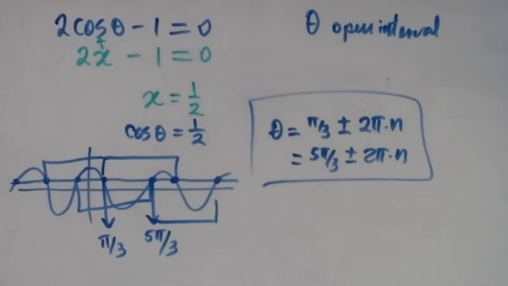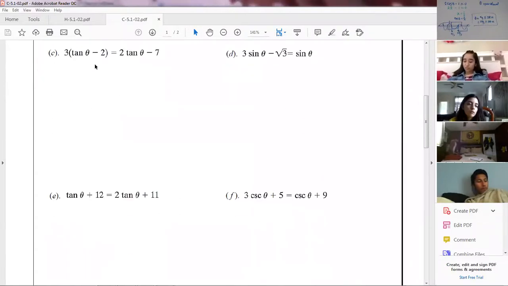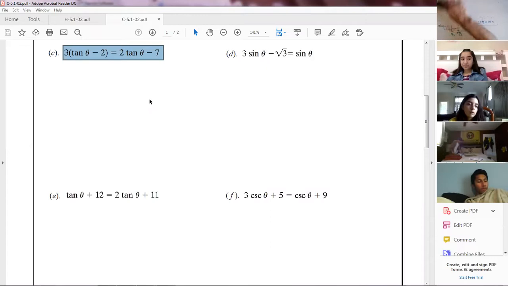Let me just move to another problem, easy like this. Right here. We have problem Z. Okay? You see problem Z over there? Yeah. Not a big deal. So it's going to be 3 times the parenthesis tangent of theta minus 2 equals 2 tangent of theta minus 7.